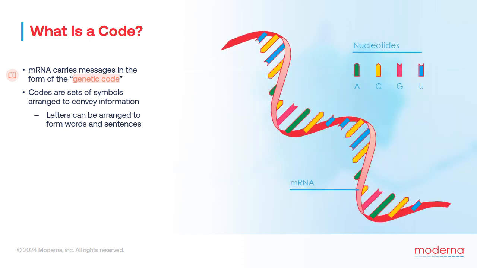We've already learned that messenger RNAs are long chains of 4 building blocks, A, C, G, and U. Which of these building blocks or nucleotides are present, and the order in which they are arranged along the chain forms a 4-letter language, the genetic code, or the language of life.